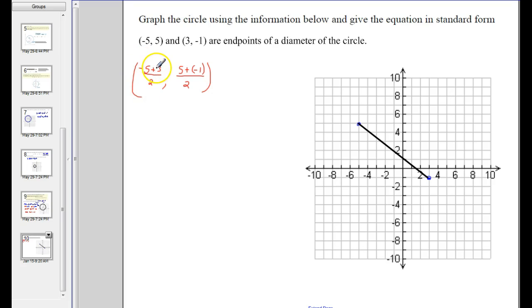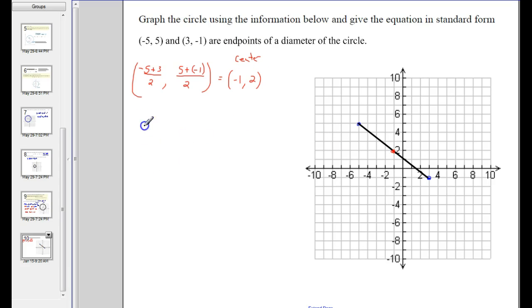Alright, so -5 plus 3 is -2 divided by 2 is -1. 5 plus -1 is 4 divided by 2 is 2. So -1, 2 is the center of the circle.